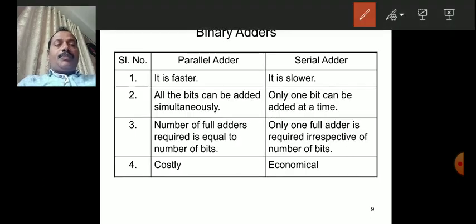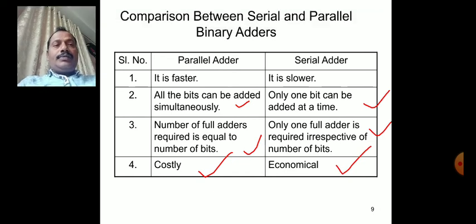Second point, all the bits can be added simultaneously in the parallel adder, but in the serial adder only bit by bit is possible. The number of full adders required equals the number of bits in the parallel adder, but only one full adder is enough in the serial adder irrespective of the number of bits. So the parallel adder is costly, while this is economical, cheap. So these are the comparisons.